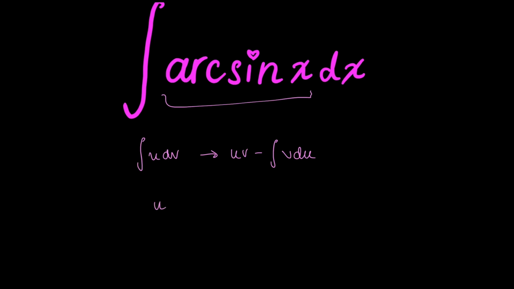We want u to be arcsine of x because we know the derivative of it, which is 1 over the square root of 1 minus x squared dx. And if you did not know that, you could just take the derivative and derive it implicitly, and you should come to the same conclusion.